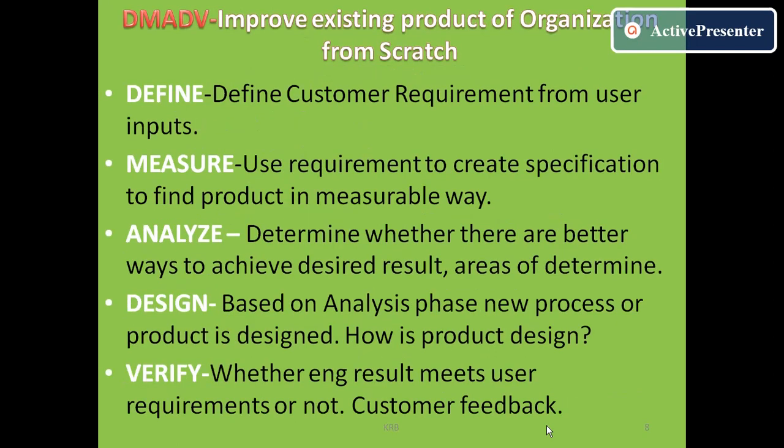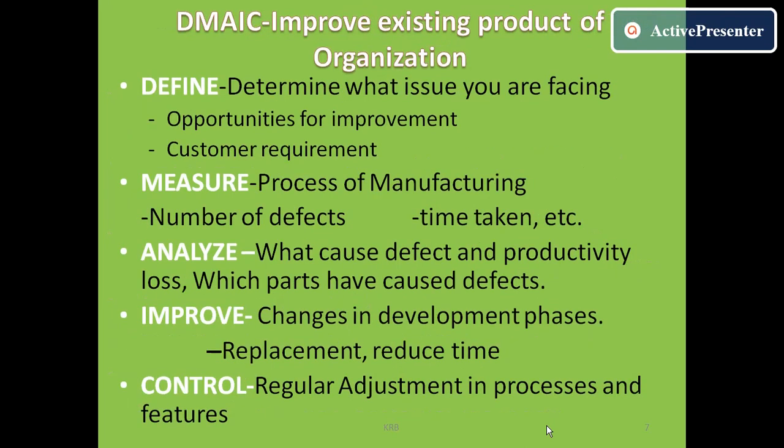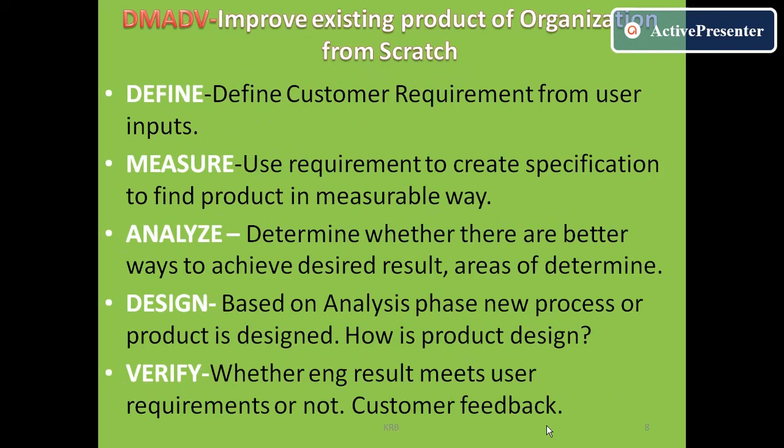Let's see DMADV. It also improves the existing product of the organization, but we have to start from the scratch. That is, again taking user requirements and considering the product as new. So these are the differences between the DMA keywords of DMAIC and the keywords DMA in DMADV.